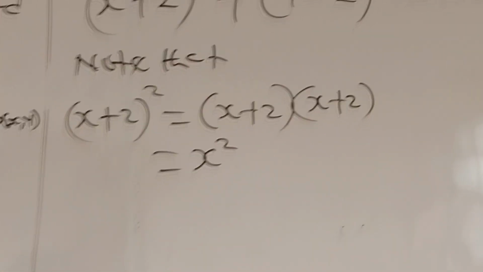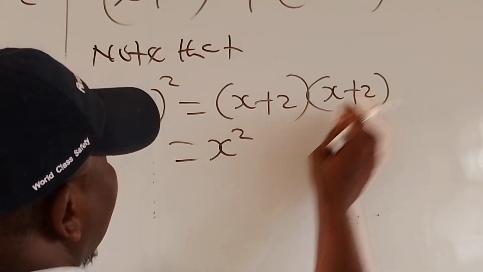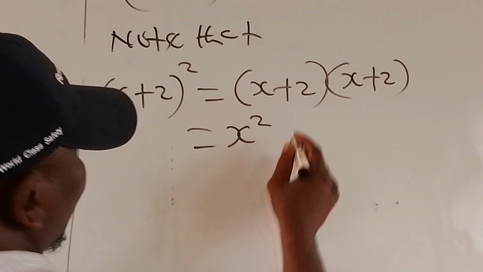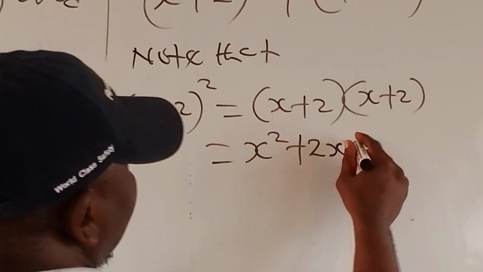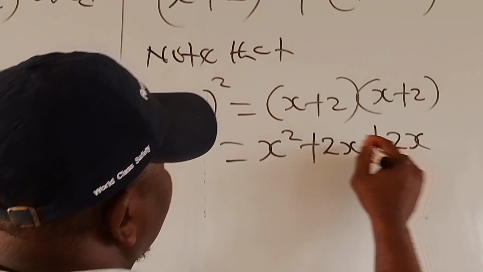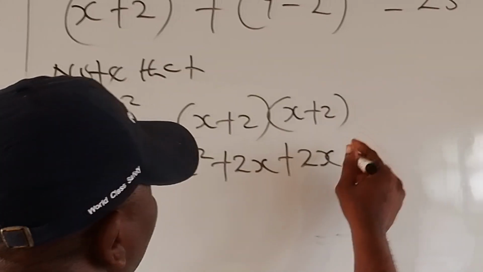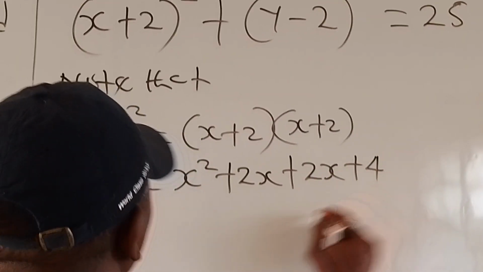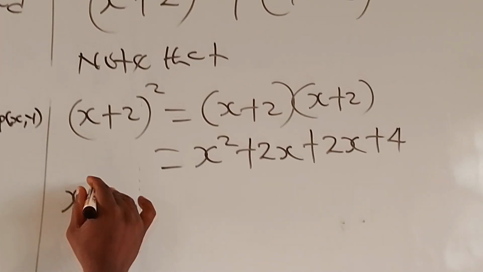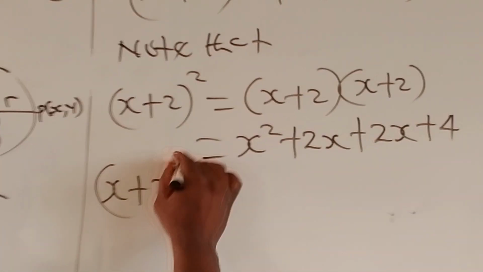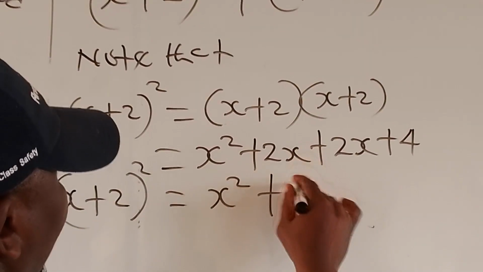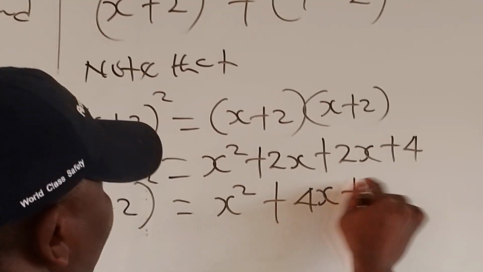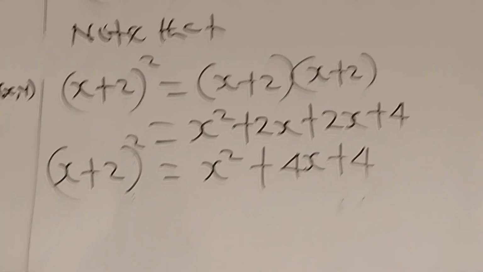Then x times 2 will give us 2x, plus 2 times x will give us 2x. Then plus 2 times 2 will give us plus 4. So this implies that (x plus 2) all in square is equals to x squared plus 4x plus 4. Do you agree with me?